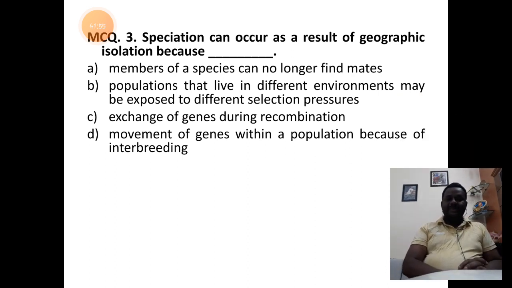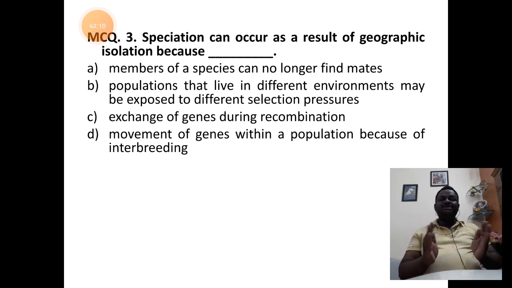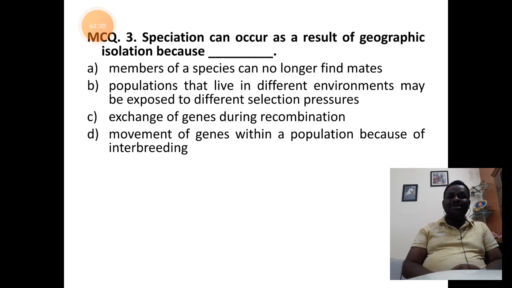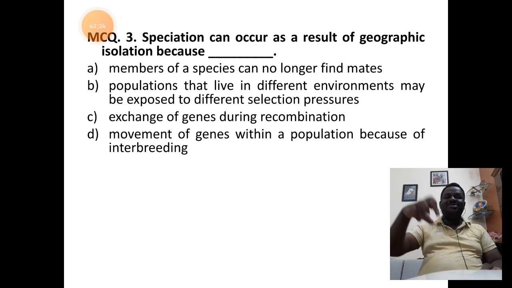Question 3. Speciation can occur as a result of geographical isolation because A, members of species can no longer find mates. Mates are available because they live in a population. B, populations that live in different environments may get exposed to different selective pressures.